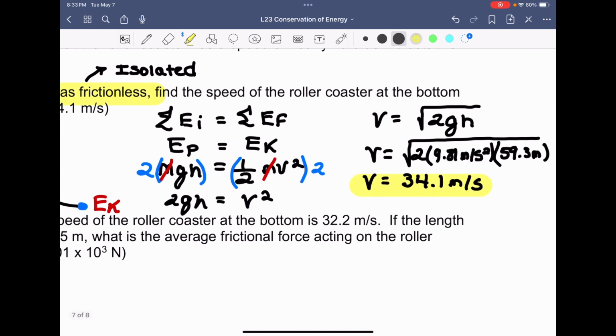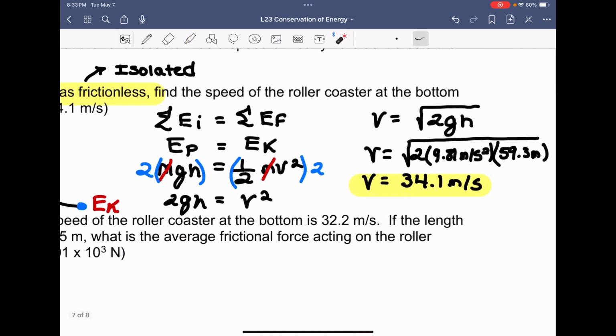Now, one thing I want you to know is that in our lesson, we've been treating 9.81 as positive. The reason I make it positive in all these calculations is that the height, going down for each of these objects, is a negative height. A negative height and a negative acceleration would end up becoming positive anyway if we put in direction with the magnitude. So I just write them as positive, positive, and that way we get this positive square root.